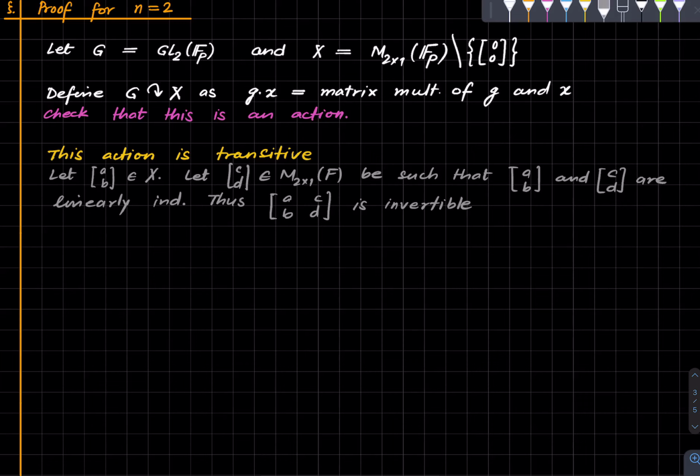And therefore, if we multiply this matrix (A, B, C, D) with (1, 0), what we get is (A, B).